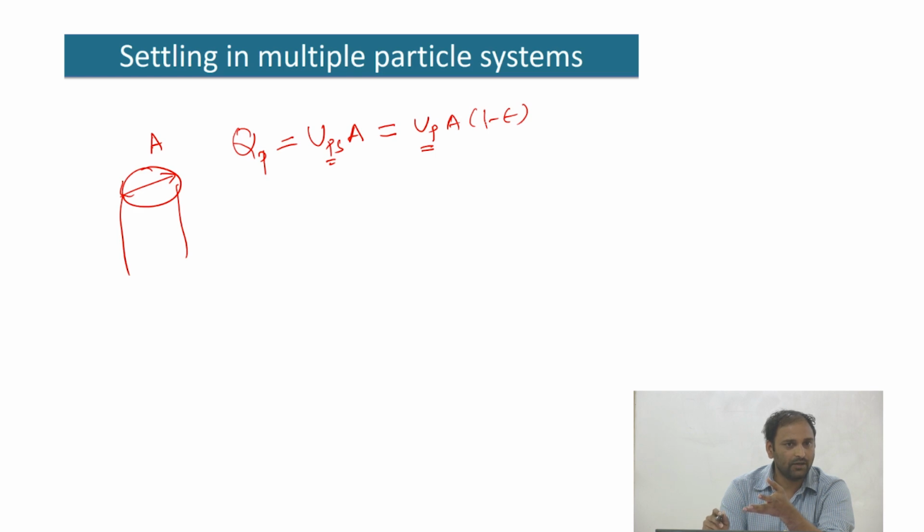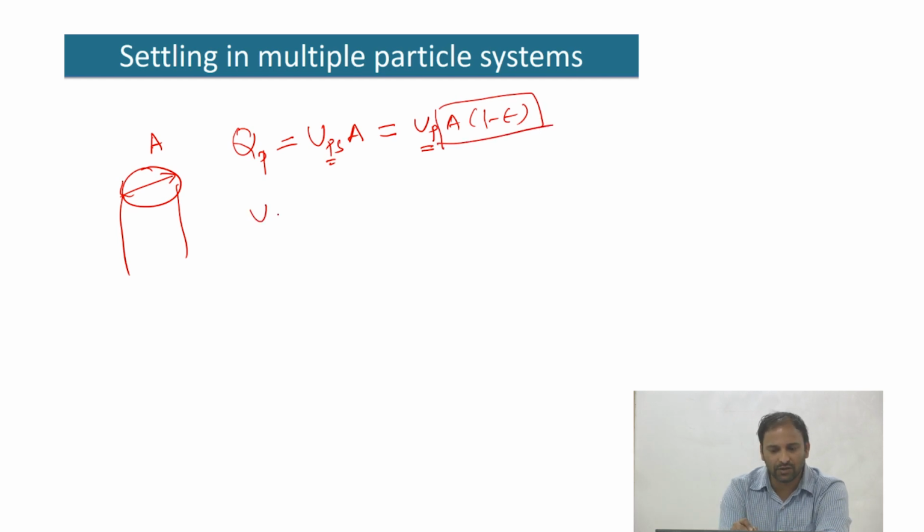The only thing I am assuming here is that volume fraction, typically a 3D quantity for the entire fluid-particle system, equals the area fraction in a 2D sense, that is, the fractional area available for the particle to settle. Is that okay, or do you have some questions?